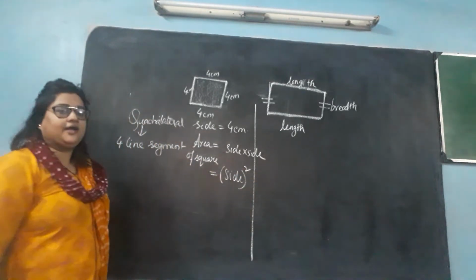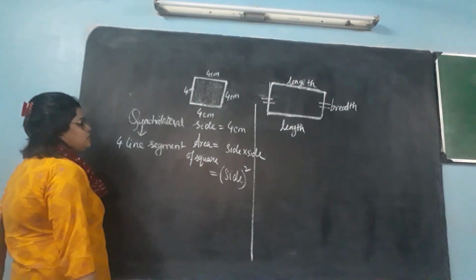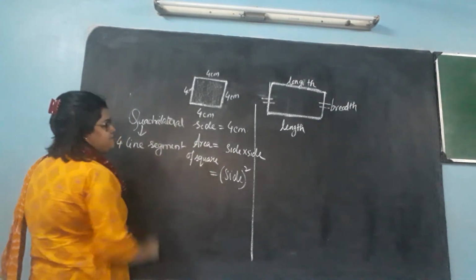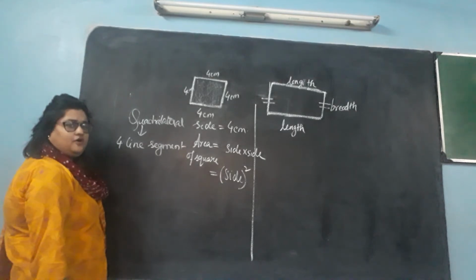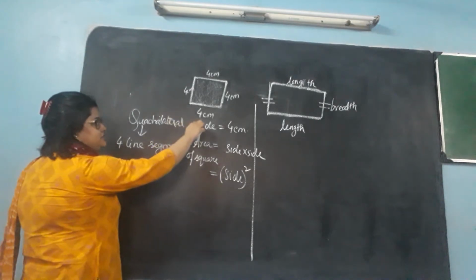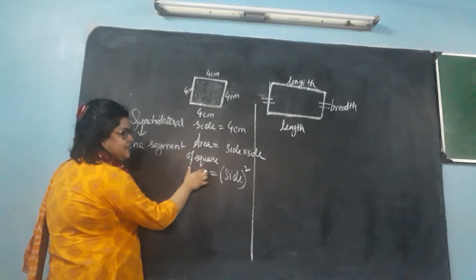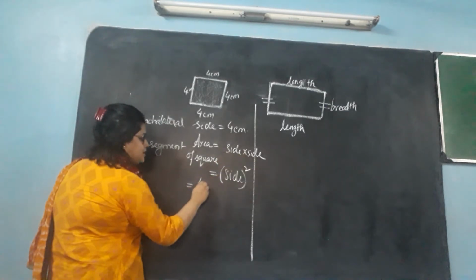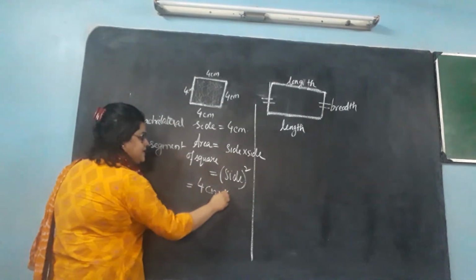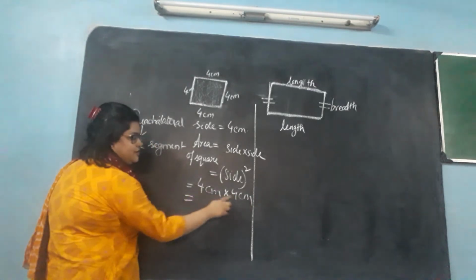And if I can find this, we will arrive at our answer. So here, for example, the side of the square is 4 centimeters. So if I have to find the area of a square, what do I have to do? Side into side. That means 4 centimeter into 4 centimeter. So it will be 4 into 4.